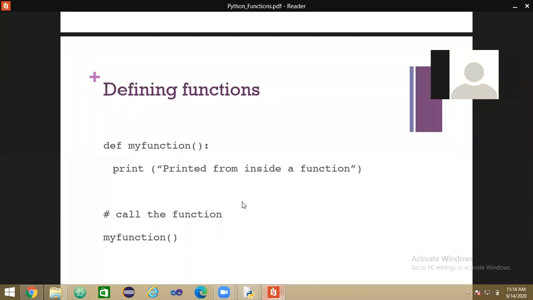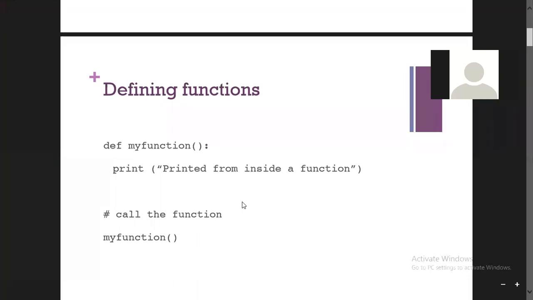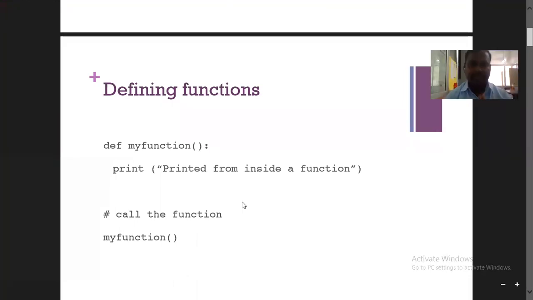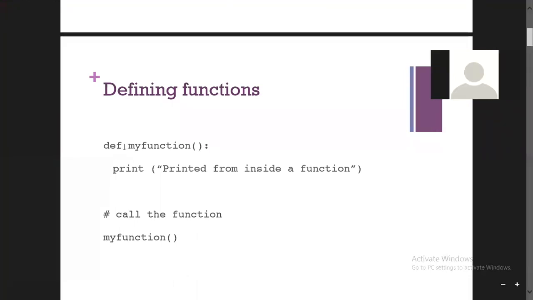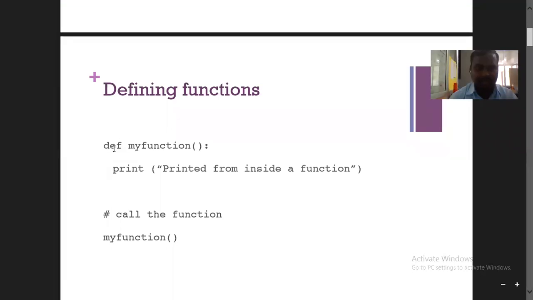Yes, sir. Okay. See here how to define the syntax of the function. Here we are defining the function. def is the keyword we use to define the function, and my function is the function name. In this function we have one statement, a print statement, and the content of the print statement is printed from inside a function.